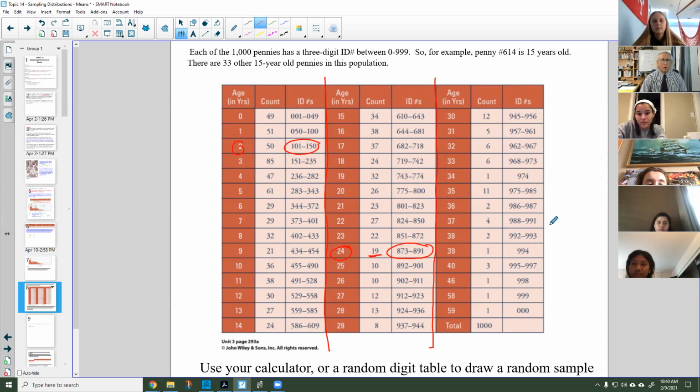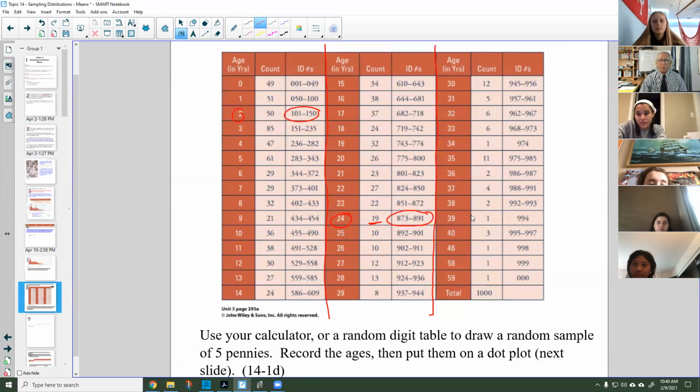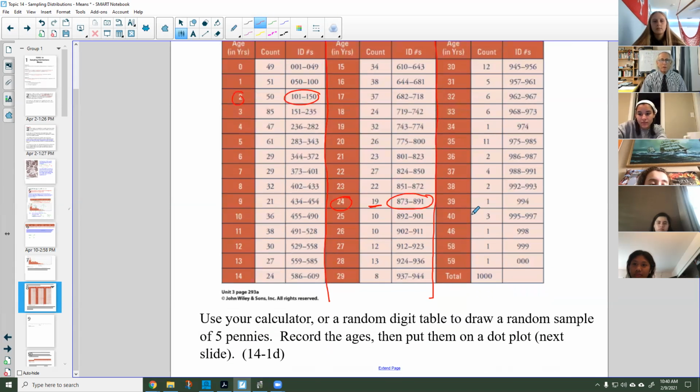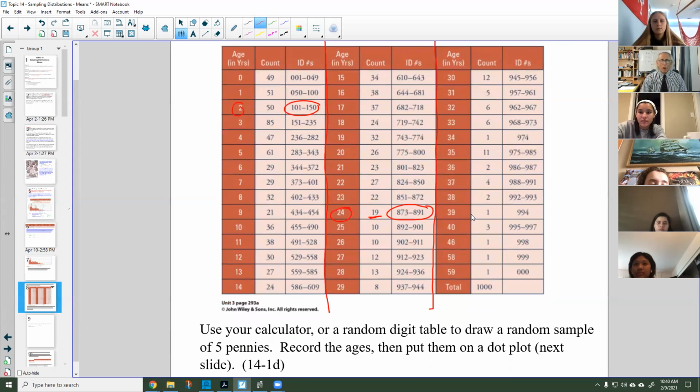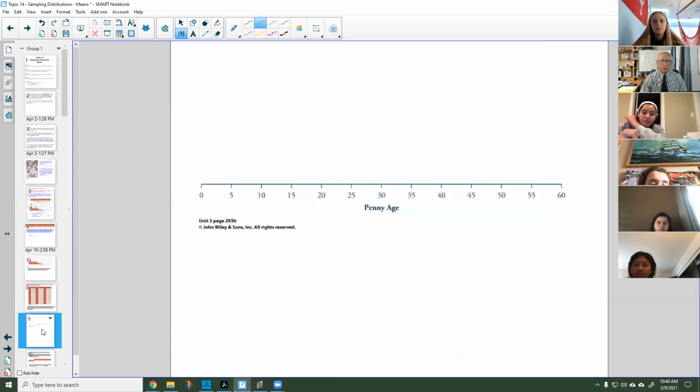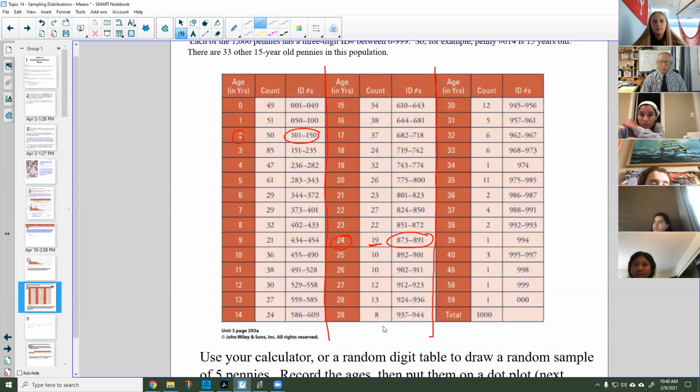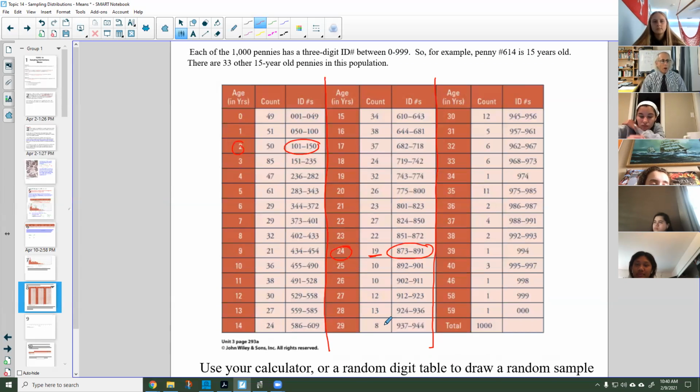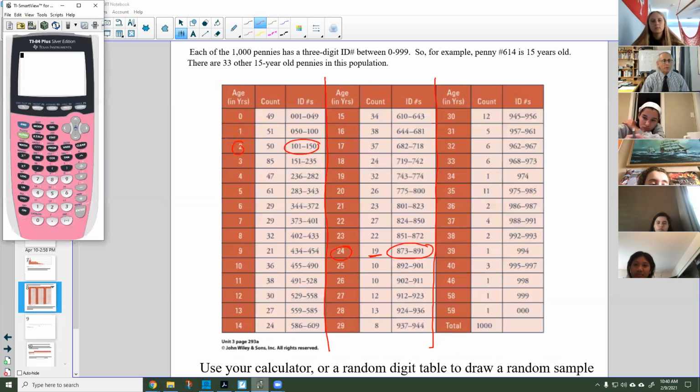Okay, so what we're going to do is some random stuff. I want you to draw a random sample of 5 pennies, and here's how you do it. Everybody get your calculator. We did a little bit of random stuff earlier.